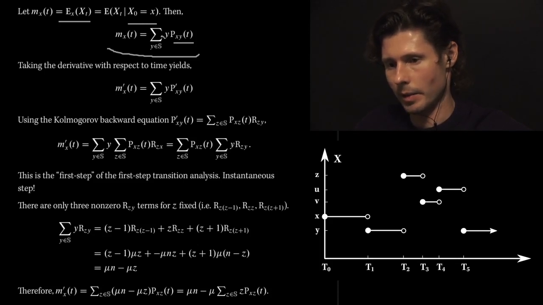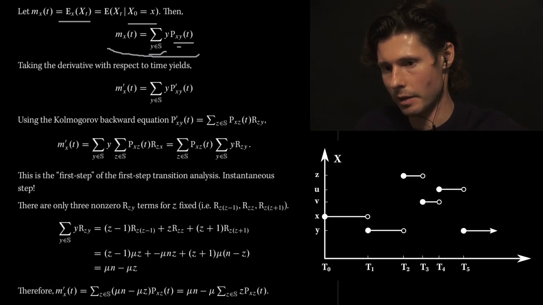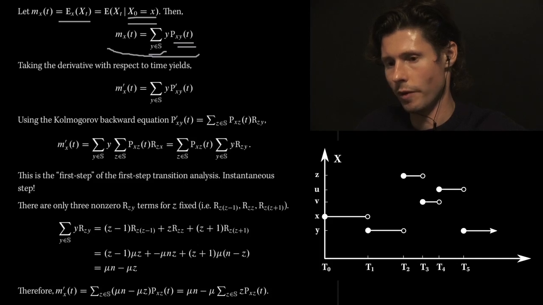And sum it up against the possible values. So any value potentially could happen in the future. So we could have y particles, any number of y particles at time t in the future. And we're going to multiply by the transition from the starting state x right here to the final state y in t units of time. So that's going to be an expression for the expected value.